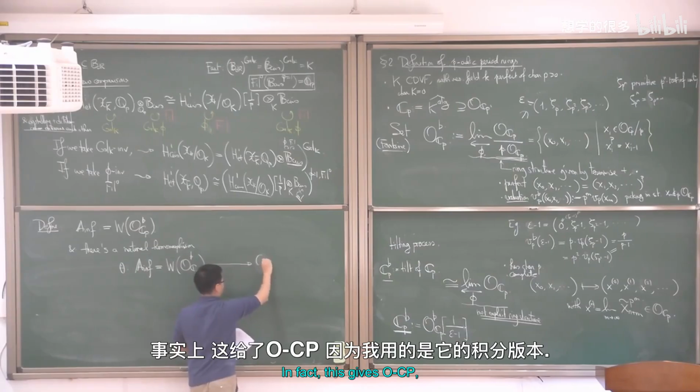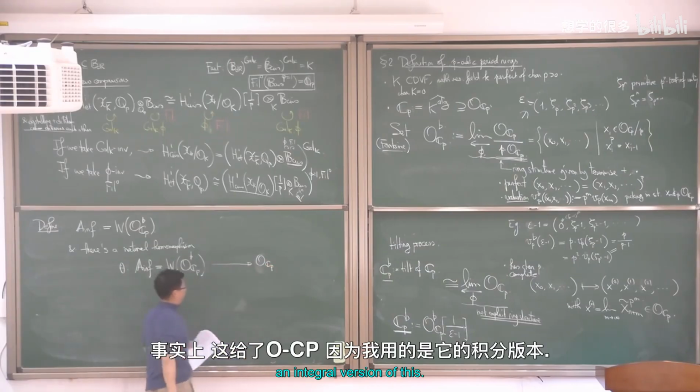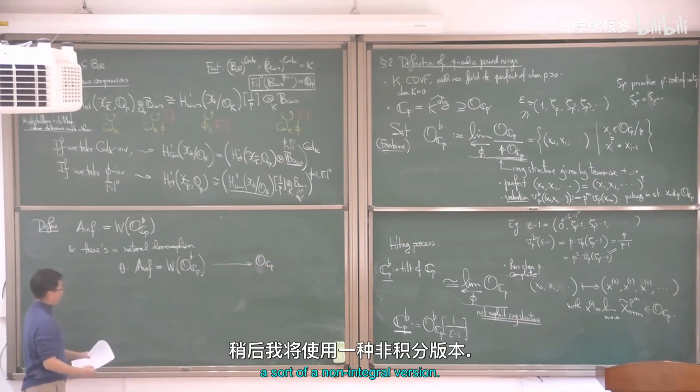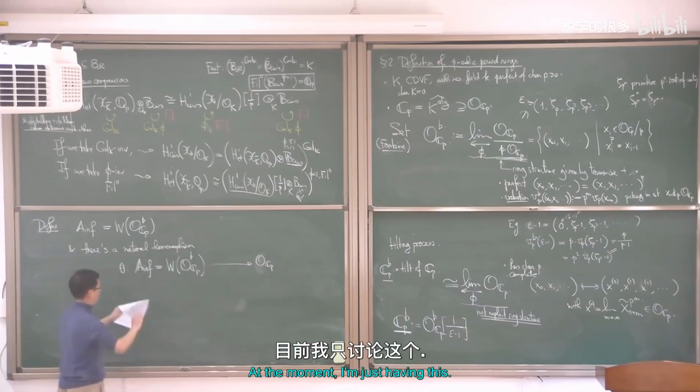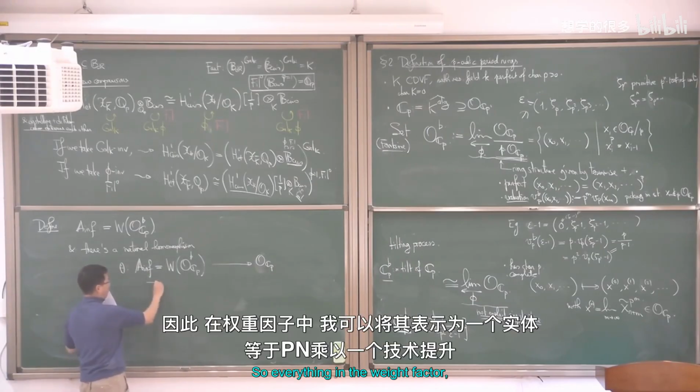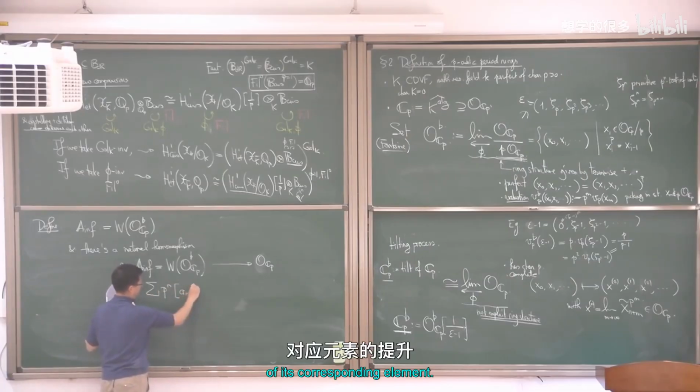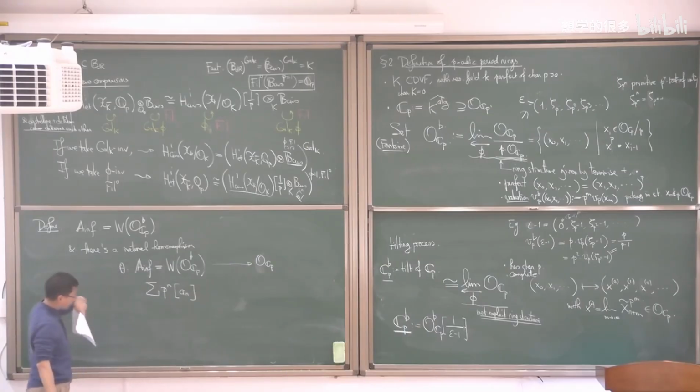In fact, this goes to O_{C_p} because I'm taking an integral version of this. Later on, I'm going to use a non-integral version. I'm taking a Witt vector of C_p flat going to C_p. At this moment, I'm just having this. So everything in the Witt vector, I can write as a sum of p^n times a Teichmuller lift of its corresponding element, for n greater than or equal to 0.